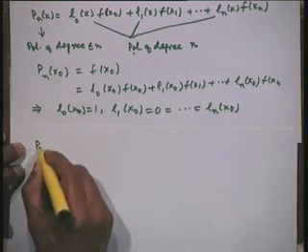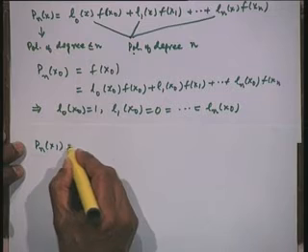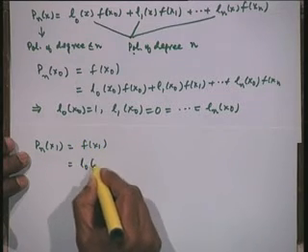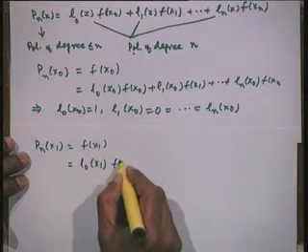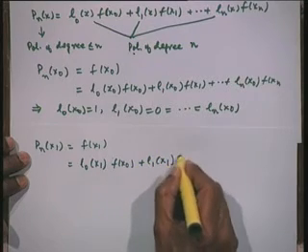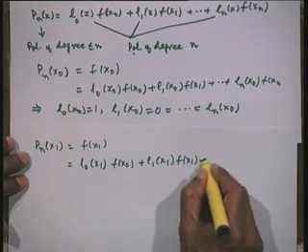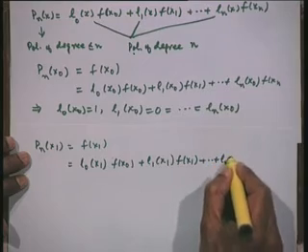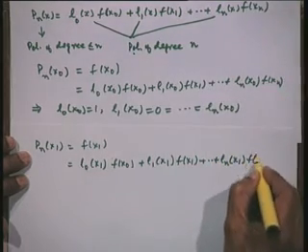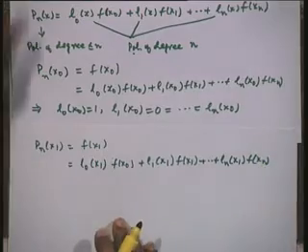Let us do one more and generalize it. This is f(x_1), equal to L_0(x_1) f(x_0) plus L_1(x_1) f(x_1) plus ... plus L_n(x_1) f(x_n).